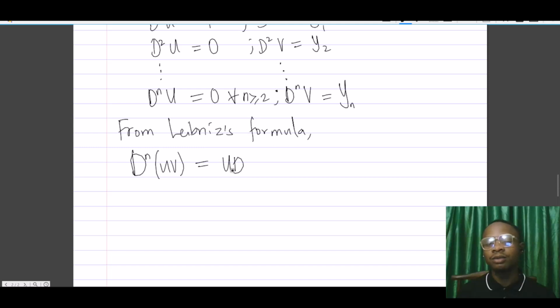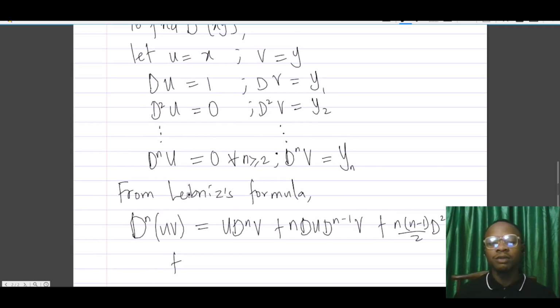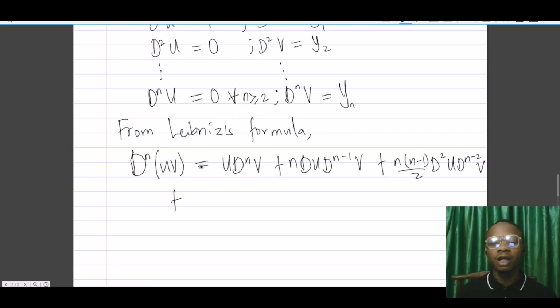This is u times the nth derivative of v, plus n times the first derivative of u times the (n minus 1)th derivative of v, plus n times (n minus 1) over 2 times the second derivative of u times the (n minus 2)th derivative of v, then plus, we can just stop here. We know that from the second term forward it's going to give us 0, so just stop there. And of course we know it continues in that pattern, even though the rest will give us 0.